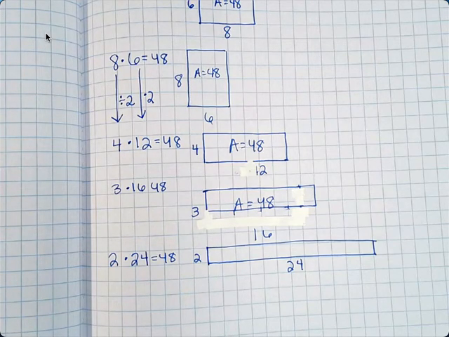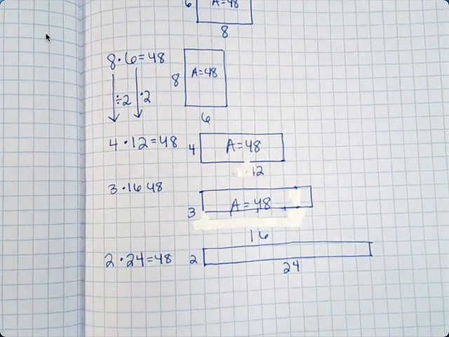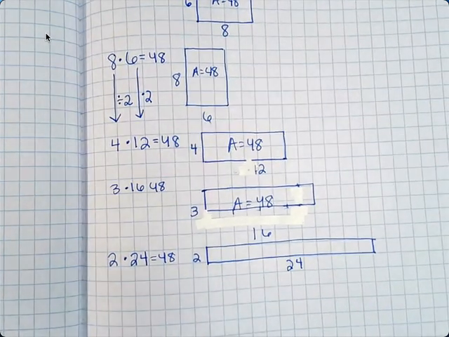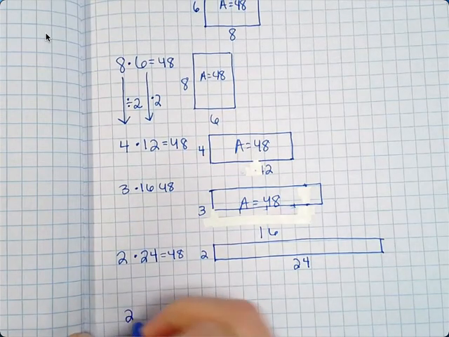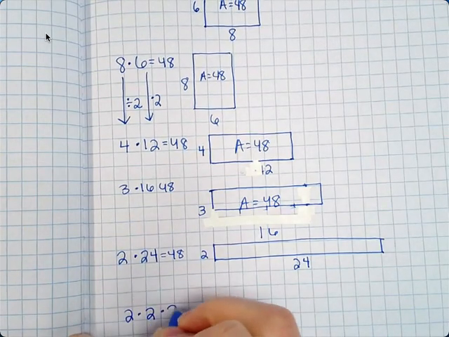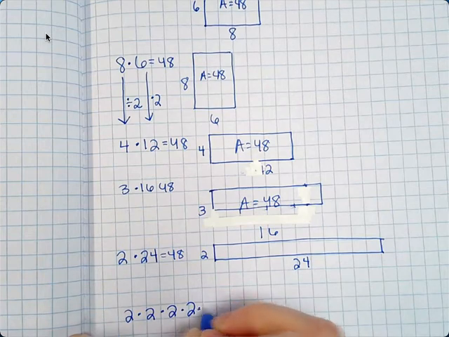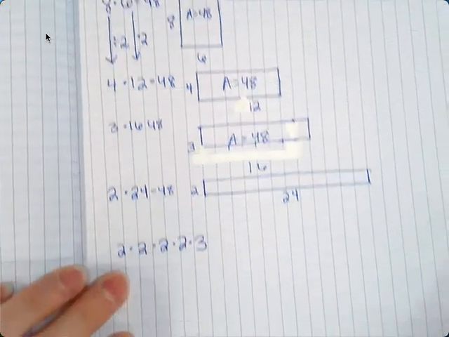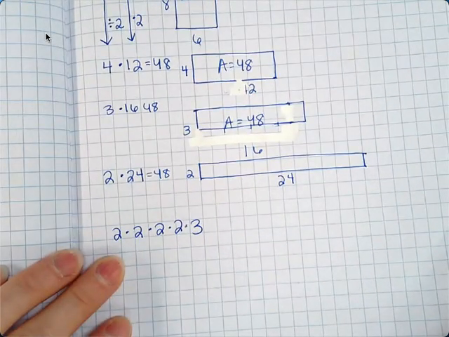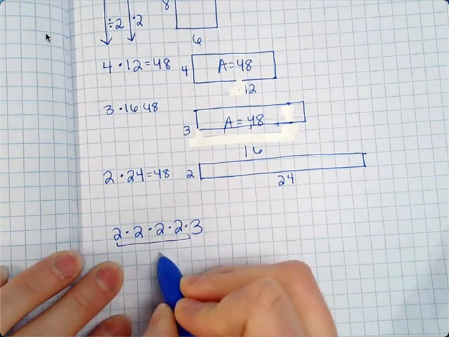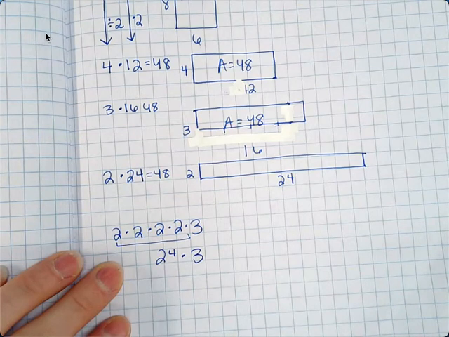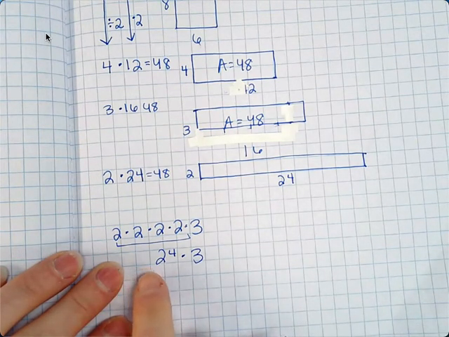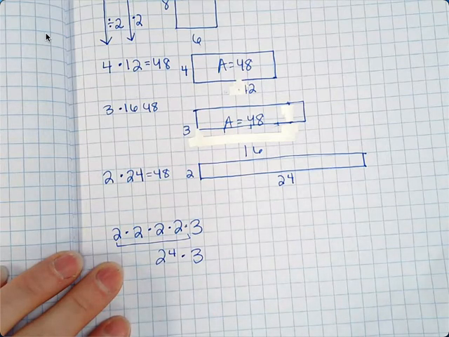So let's see what else we can do. What about 2 times 2 times 2 times 2 times 3? That's 2 to the fourth power. That's 2 to the 4th times 3. Remember how in the beginning it said exponents are multiplicative?